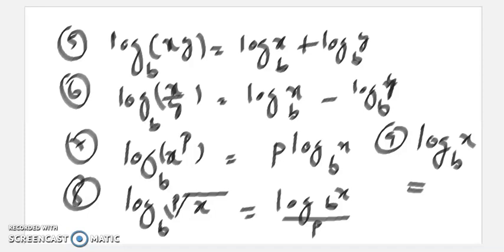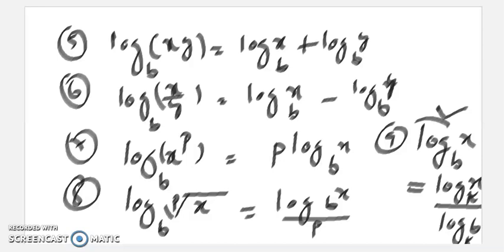That means it is equal to log x by log b with any arbitrary base k. This is called the changing of base property. Very important.